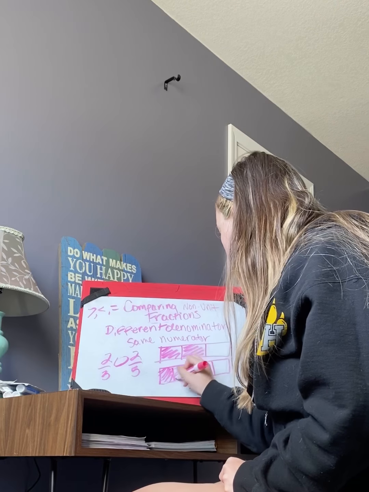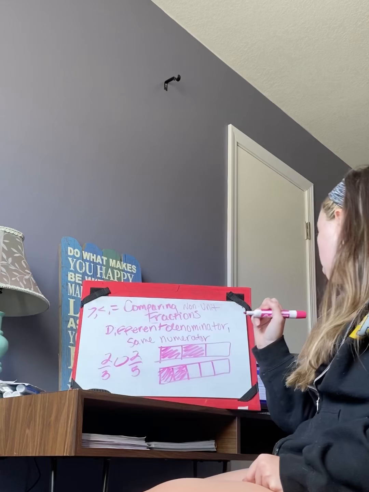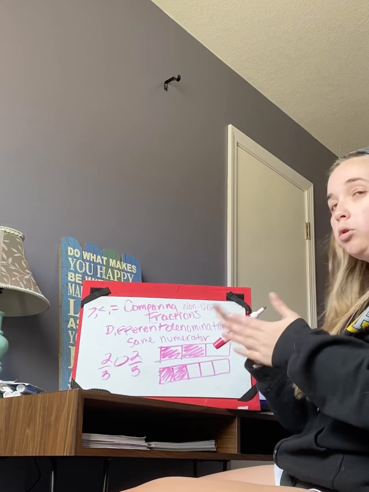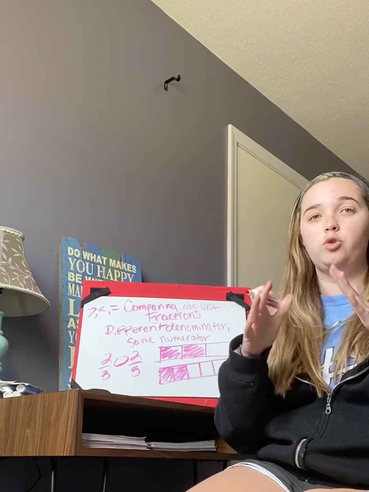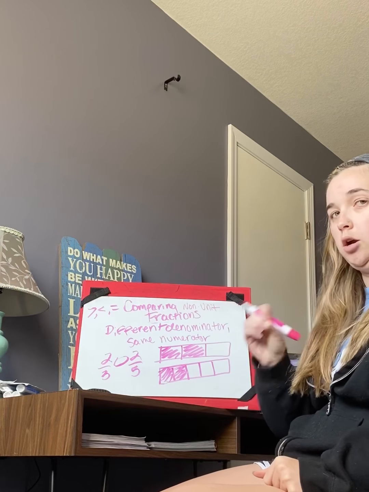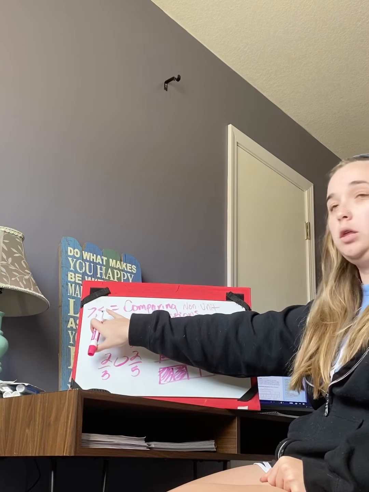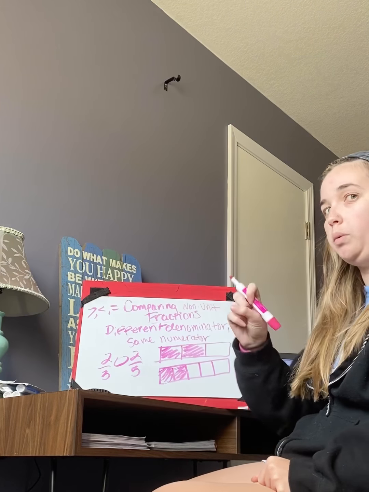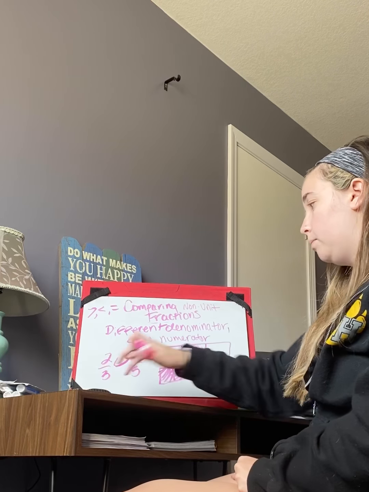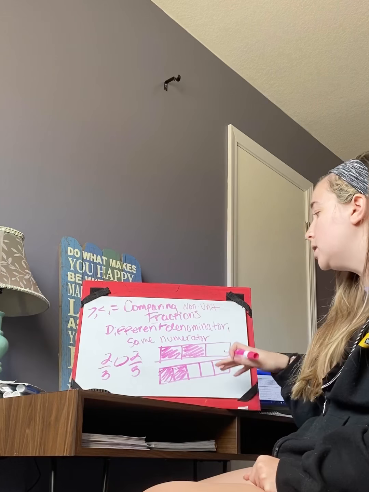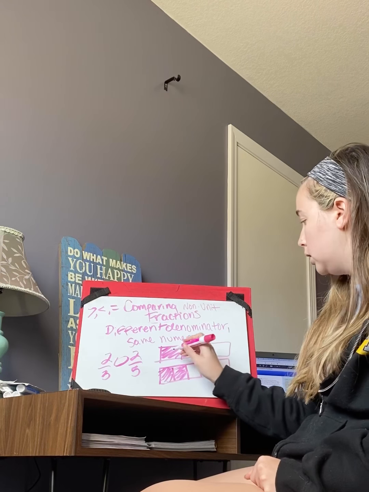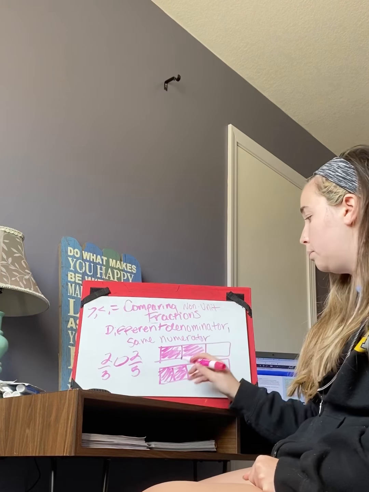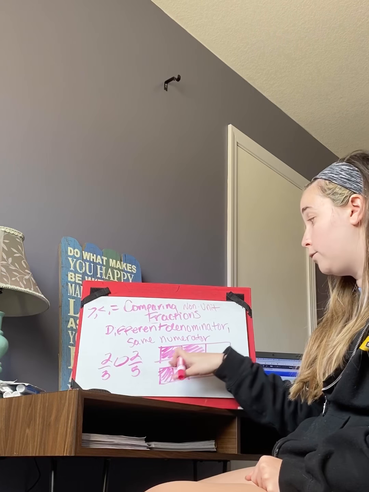1, 2. So the biggest thing here is we're always trying to find which one is the bigger one in our comparison, and then we'll match the symbol to what we need to put in our equation. So according to this, our 1/3 pieces are bigger than our 1/5 pieces, and we have 2 of them.